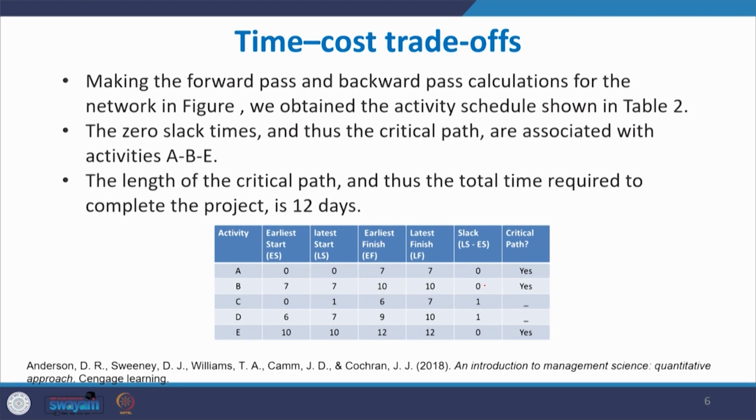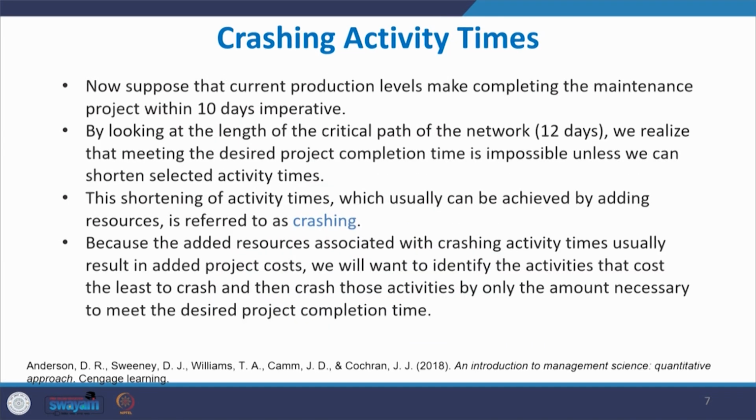We got the slack, and wherever slack is 0, that path is a critical path. Then the 0 slack times, and thus the critical path, are associated with activities A, B, E. So, the length of the critical path, and thus the total time required to complete the project, is 12 days, which I have shown you in the previous slide.